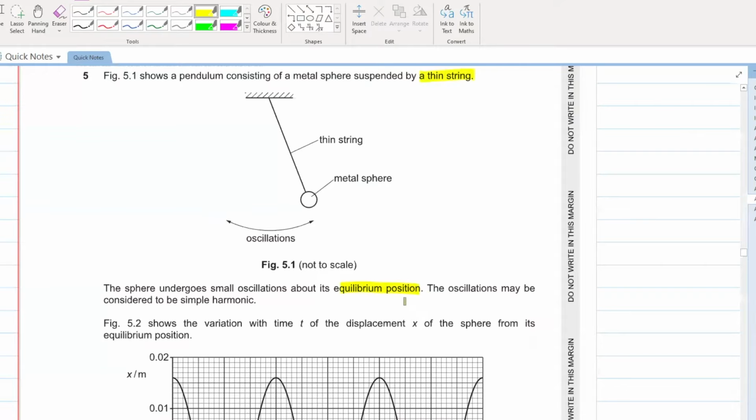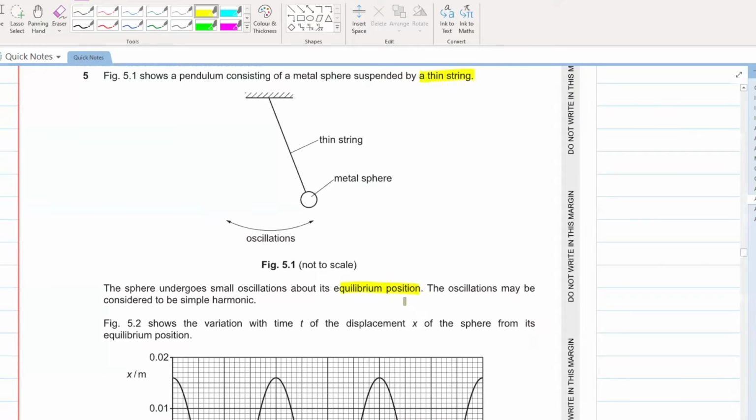Do you remember that the resultant force always used to act towards the mean position? So you will draw an arrow towards the left.